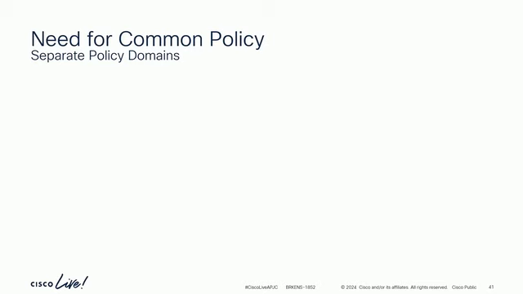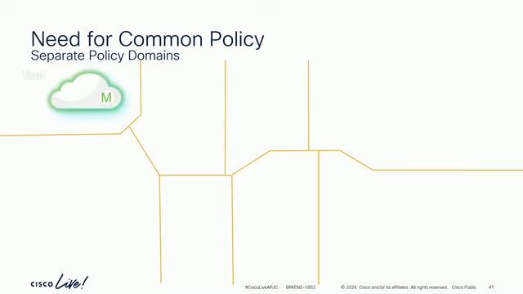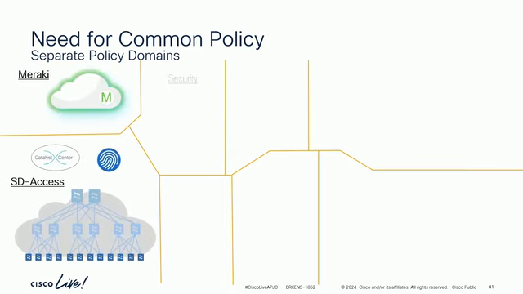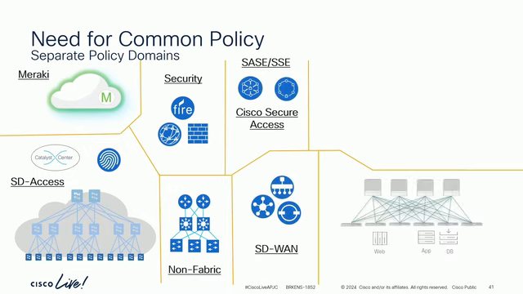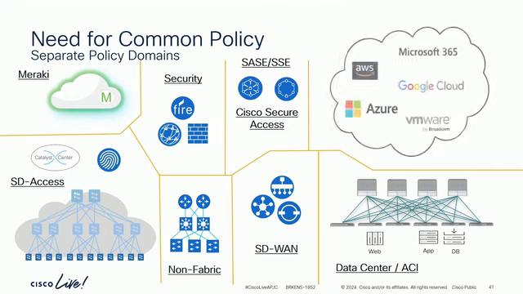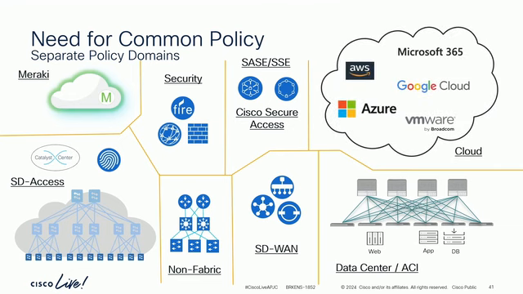So what is the need for this? Well, Cisco has a lot of fingers in a lot of pies. We take part in technologies in a lot of domains, which means we deal with them from a security point of view as well, of course. Software-defined access, whether it's LISP or BGP EVPN, non-fabric, SD-WAN, data center, and so on, and also cloud workloads.